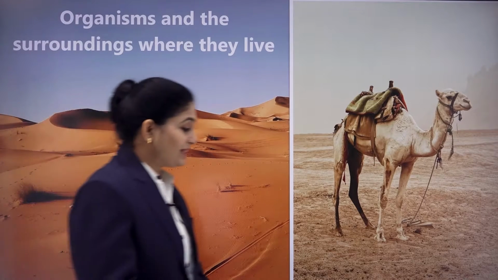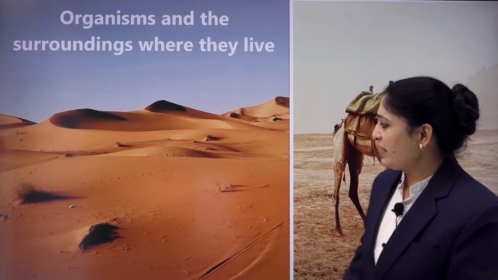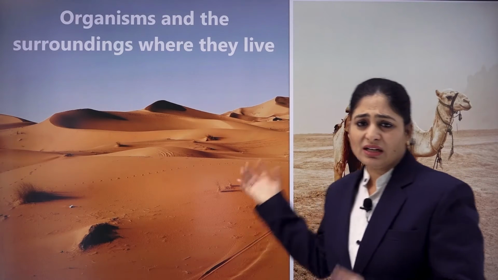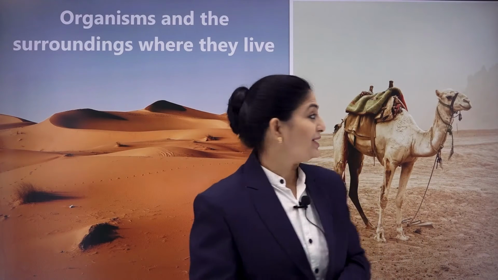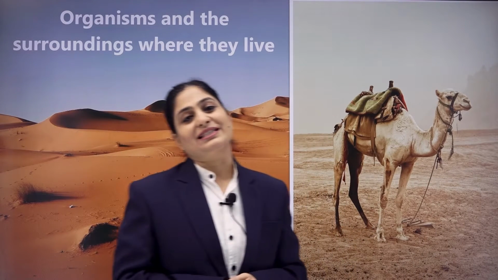When we talk about desert, it means very little rainfall, sandy soil, high temperature, and this is one of the very common animals that we can see generally in a desert, the camel. Let's move further, and now we can see two different animals. They are animals that have fur or wool on their body.